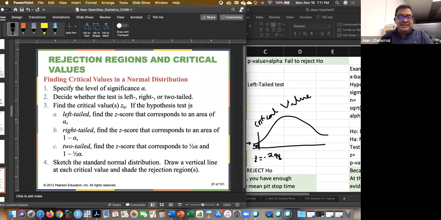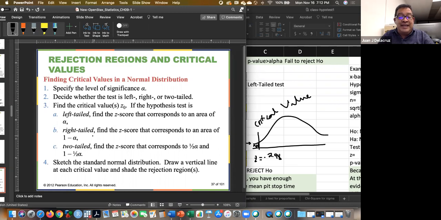So let's see a case. Finding the critical values in a normal distribution: first specify the level of significance, then decide whether it is a left, right, or two-tailed test. If left-tailed, find the z-score that corresponds to an area of alpha.